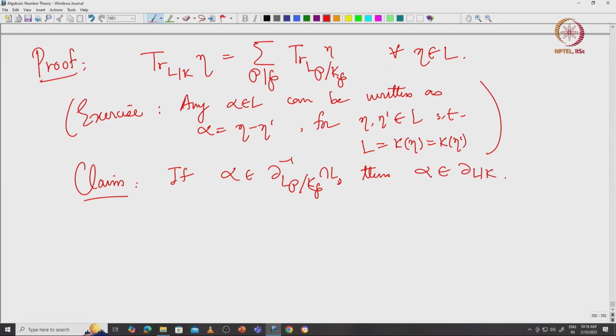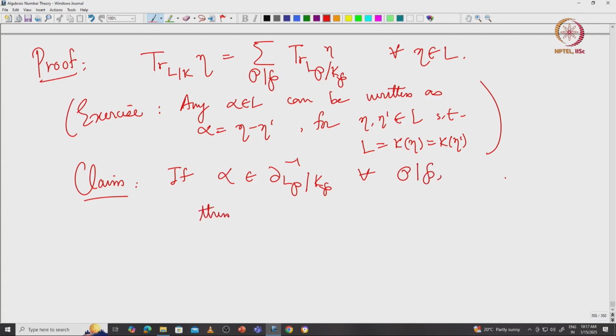Maybe I'll rewrite this statement again. If alpha belongs to the inverse of d_{L_P over K_p} for all P dividing small p, and this is in this intersection as I said before, then alpha belongs to the inverse of d_{L over K}. Now, what does that mean?